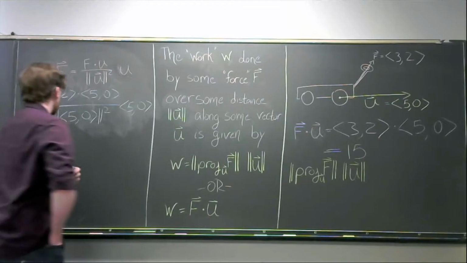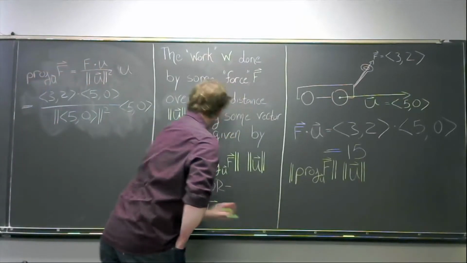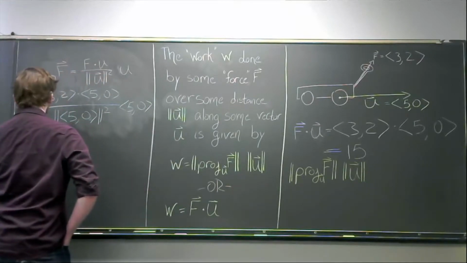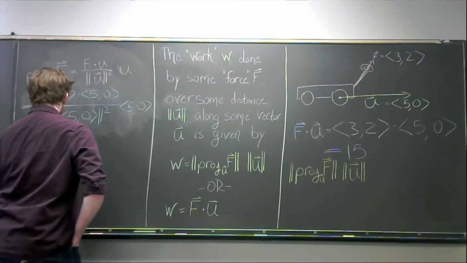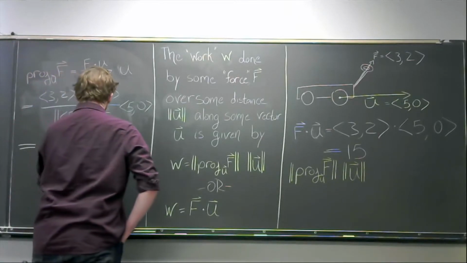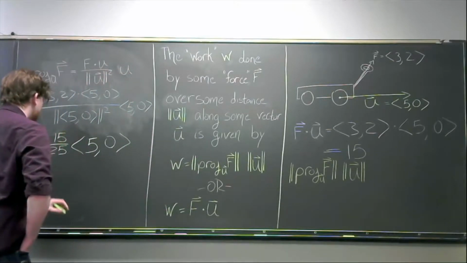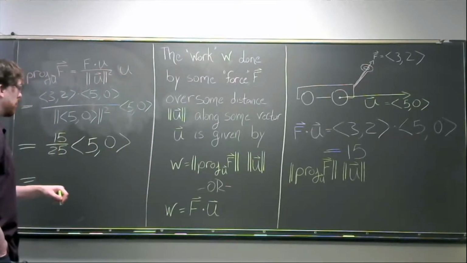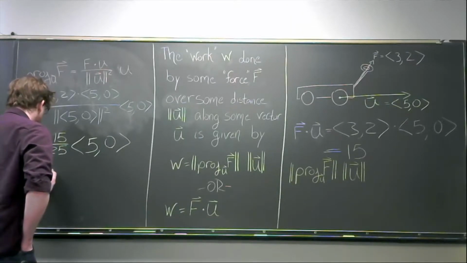Okay, so what this is going to come out to be then is 15 divided by 25 times 5, 0, which is going to give us 3, 5, right? I mean 3, 0.